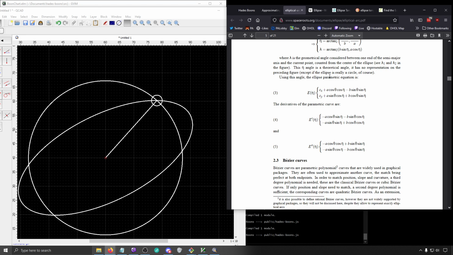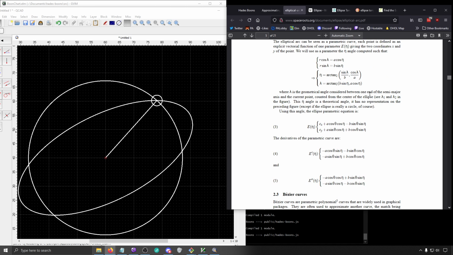But we use it in all our... Does that mean we have to do that conversion? But this looks an awful lot like the formulas we were using.